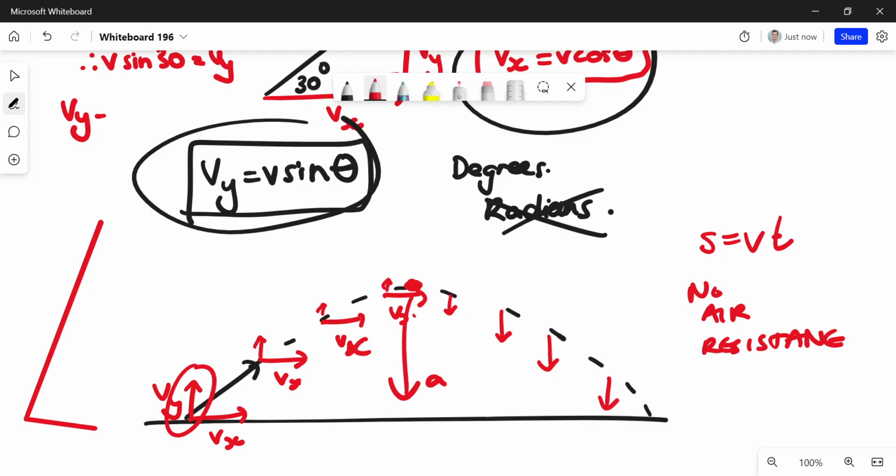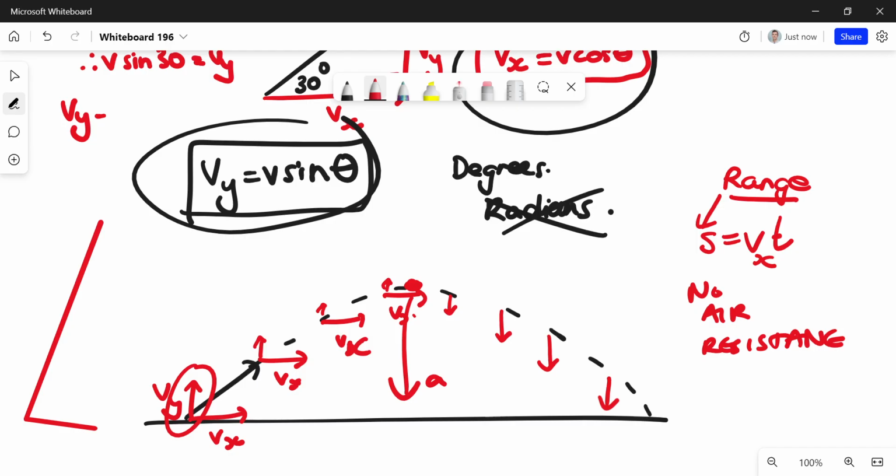In this scenario, we have exactly that for Vx. So we can say that s is equal to Vx t, and that would be a horizontal distance, and the word commonly associated with that is range. Range represents the horizontal distance that the object moves as a result of the time of flight, which is t, and Vx, the horizontal component of the velocity. So that's the process we're looking through there for the components.